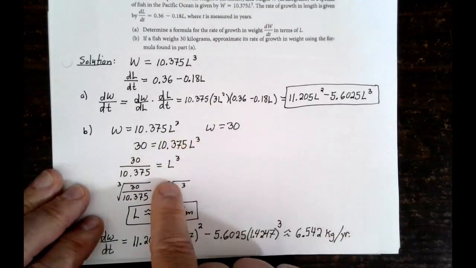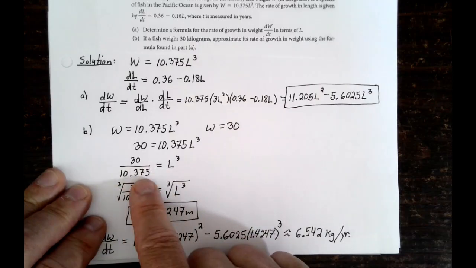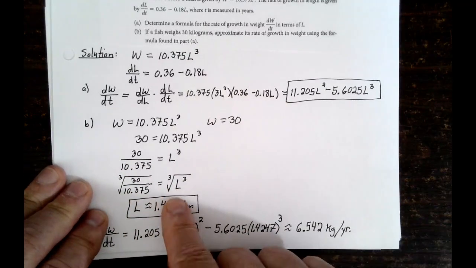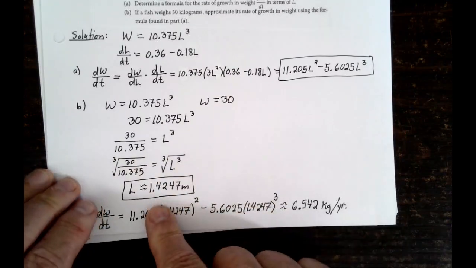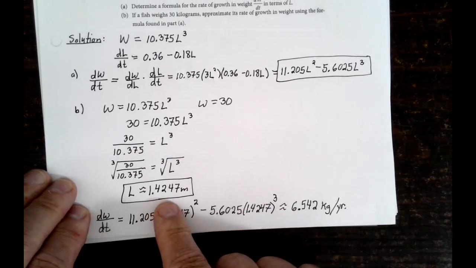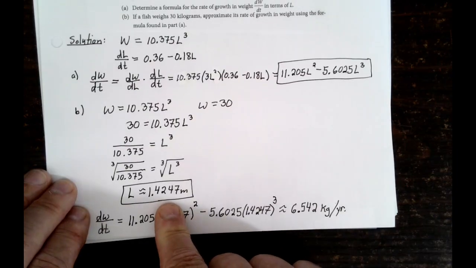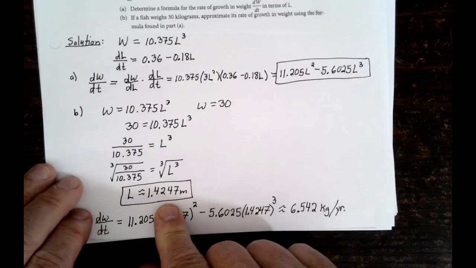And we can solve this for L. We can divide by 10.375, and we can take the third root. That takes away the third power. And so now you know that L equals 1.4247 meters when the weight is 30.